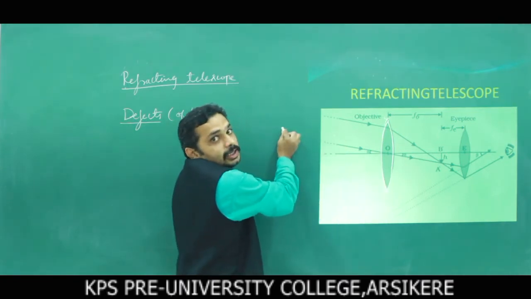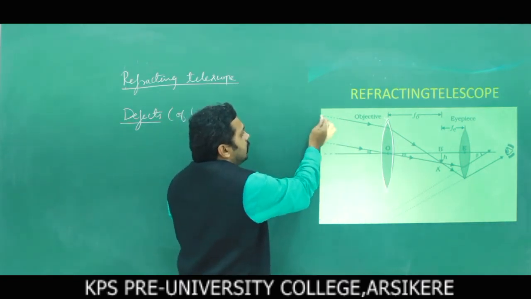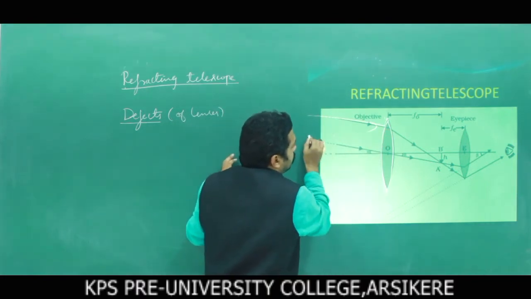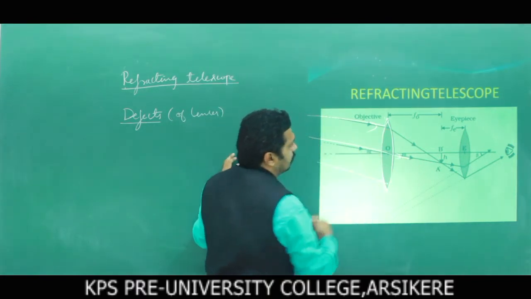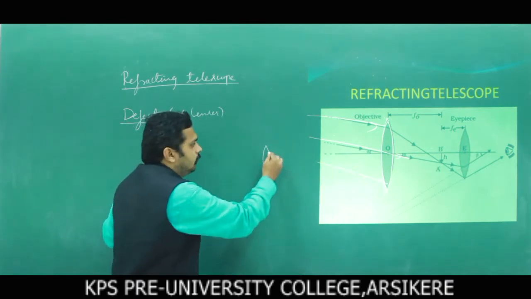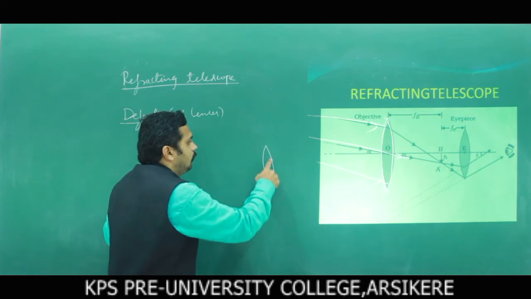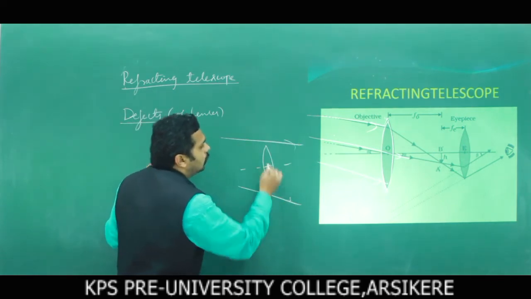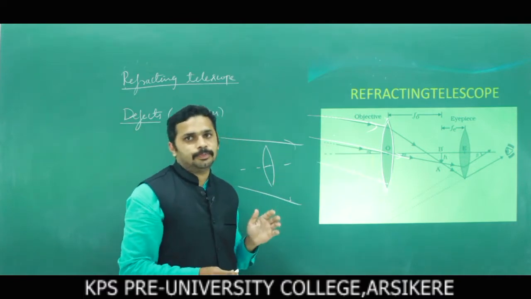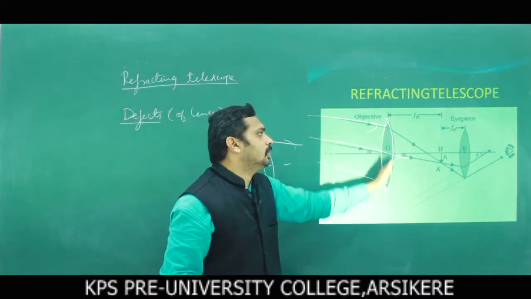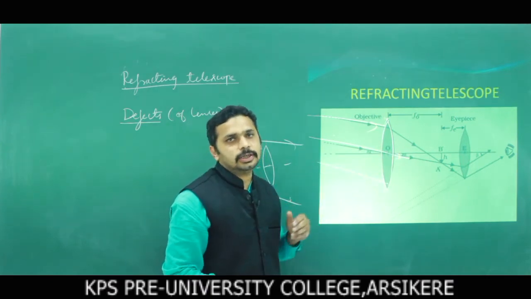Because the object is at infinity, which means the object is far away, and light rays are coming from far away. If you use a small lens and the light rays do not fall fully on the objective lens, then there is no image. That's why in a refracting telescope we are using the large aperture objective lens.